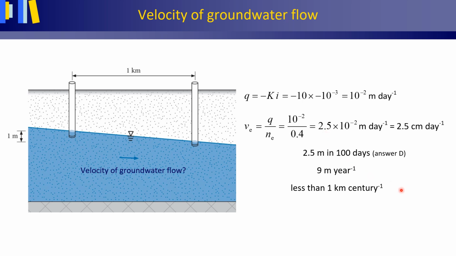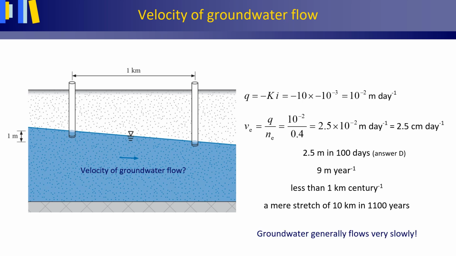And less than 1 kilometer in a century amounts to a mere stretch of 10 kilometers in 1100 years. Thus, groundwater, with some exceptions, for instance in karst areas or when pumped, flows very slowly.